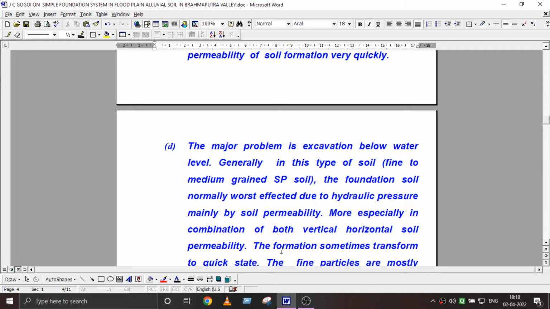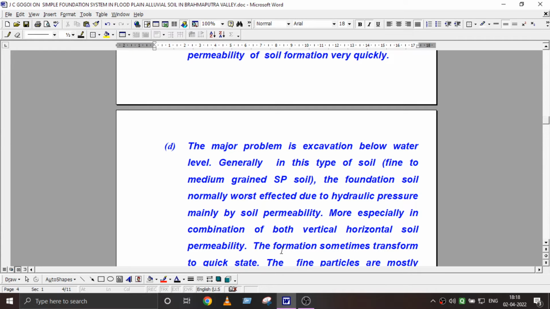Sometimes slopes collapse, which we can call landslide, landslip, whatever it may be. The side may collapse because at the bottom of the side slope there will be no shear strength of soil.